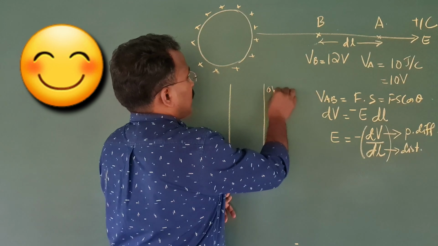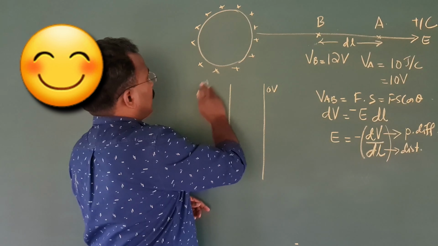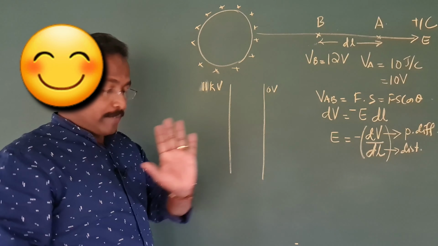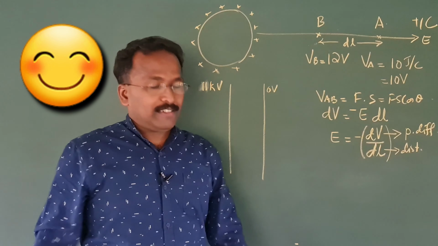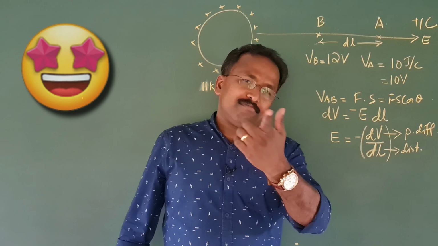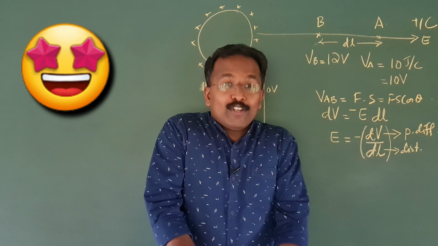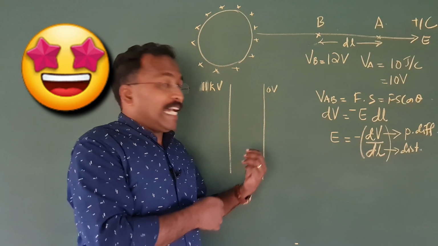Means this is at 0 volt and this is at 11 kilovolt. Okay. So you are falling down. You start seeing this line and you can comfortably escape. You need not fall into the ground. What you can do is you can hang on this and escape.